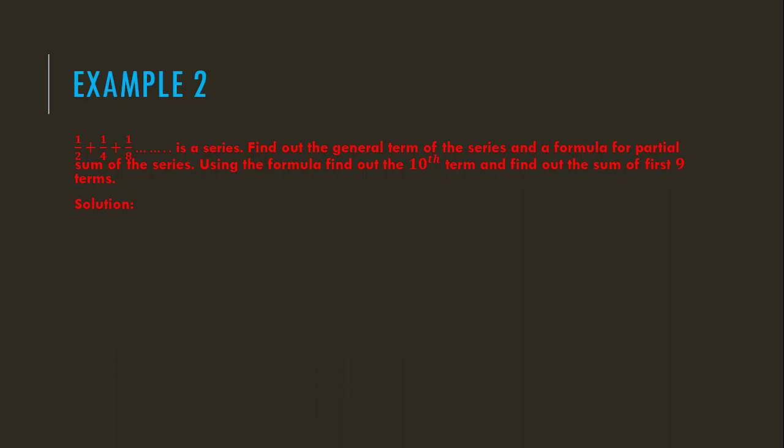So the solution will be like this. The ratio of the first two terms is 1/4 divided by half, equal to 1/4 into 2/1, equal to half. You can see that we have divided the second term by the first term.